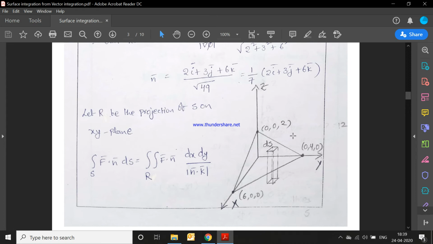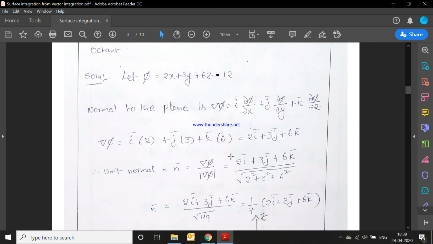How do we get these points on the axes? Substitute in the plane. First, on the x-axis, y and z are 0, so 2x is equal to 12, x is equal to 6. Means the point is (6, 0, 0).